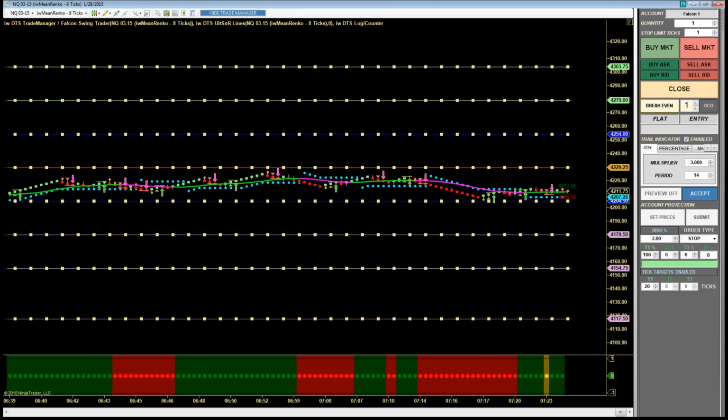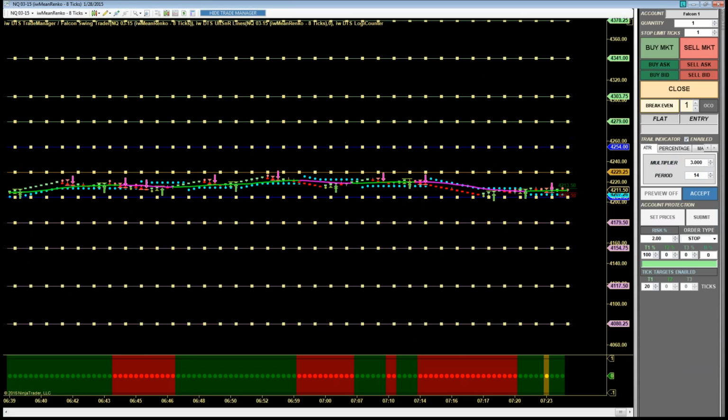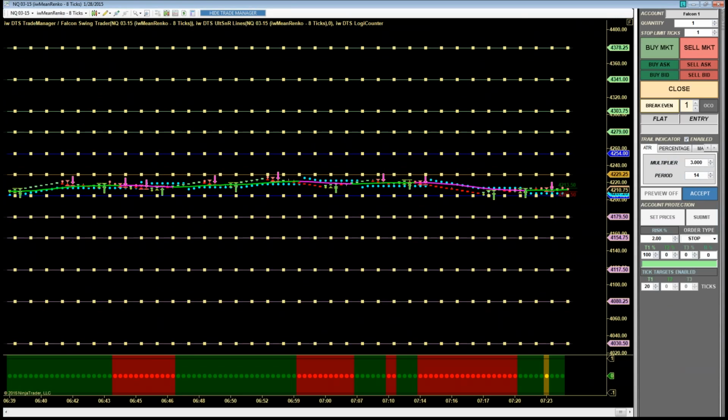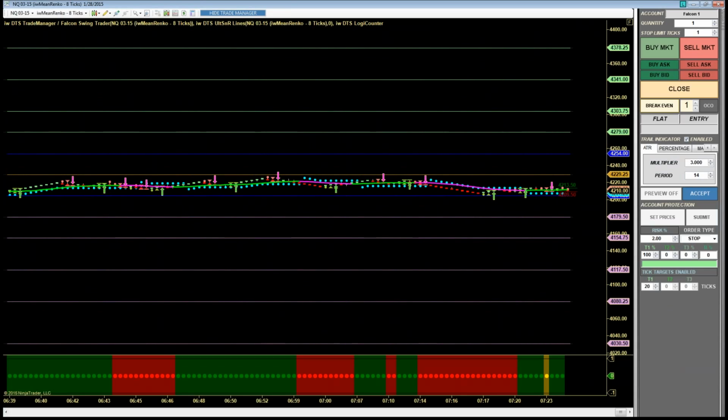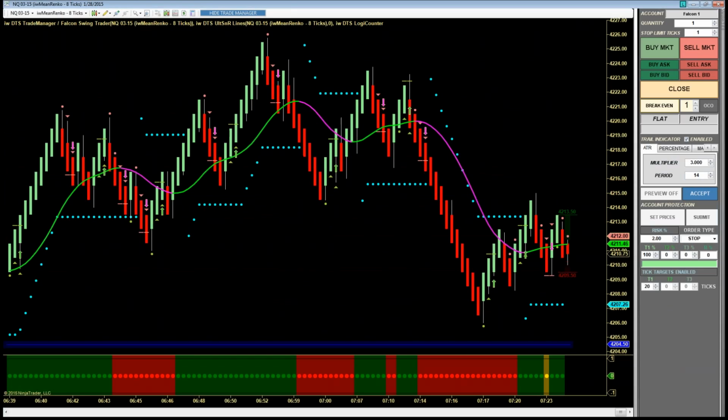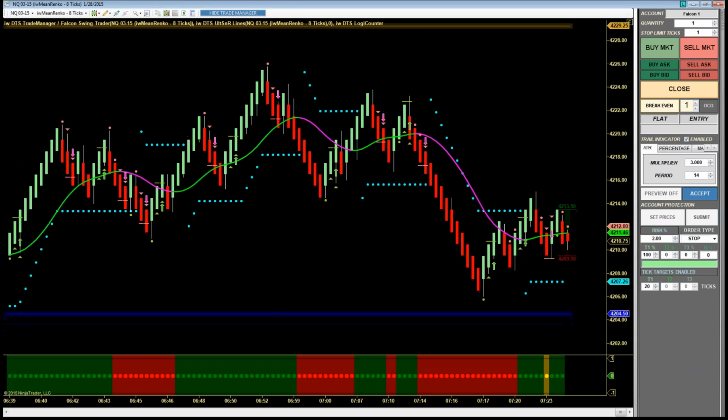Now for support and resistance areas, I'll go here to my Falcon chart. On the Falcon, I have the Ultimate Support and Resistance Suite. This is an assortment of support and resistance areas, which are forecast for today.